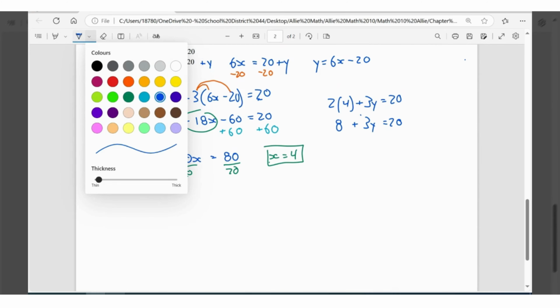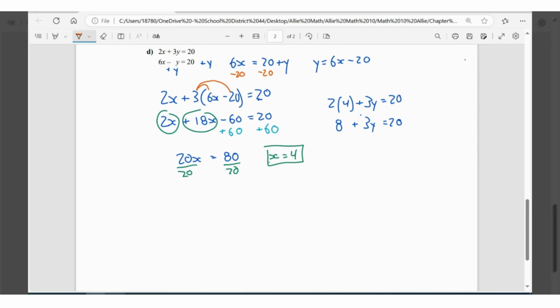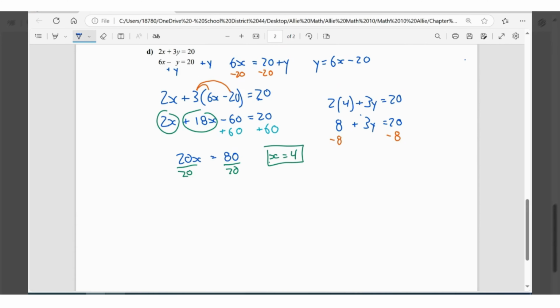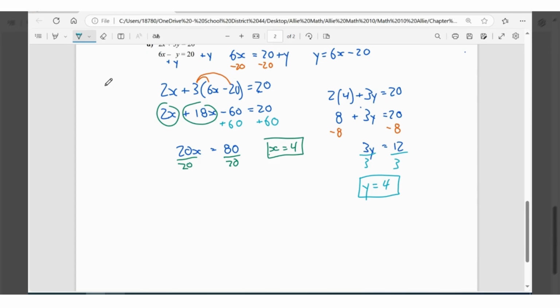Let's subtract 8 from each side. And we get that 3y equals 12. And we can divide by 3, and we will get that y equals 12 divided by 3 is 4. So it looks like they're both 4.